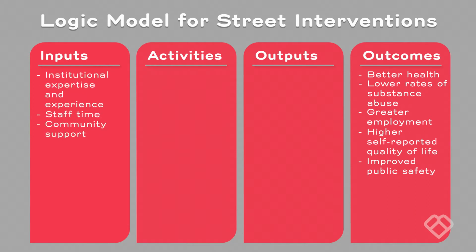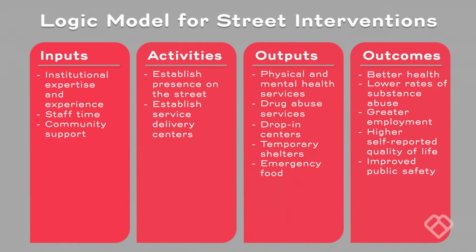What activities will the organization engage in? Something that's really important is to establish a presence on the street that's trusted by the homeless client and establish service delivery centers. The outputs that the organization provides are outreach and engagement of the chronically homeless, physical and mental health and drug abuse services, drop-in centers, temporary shelters, and emergency food.